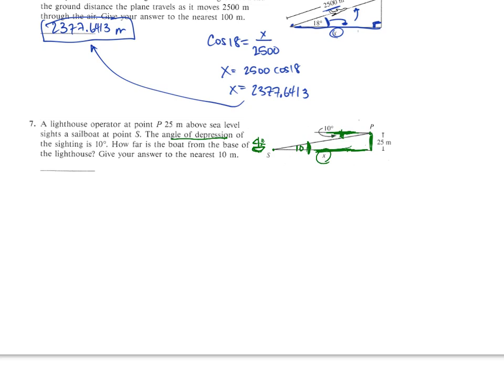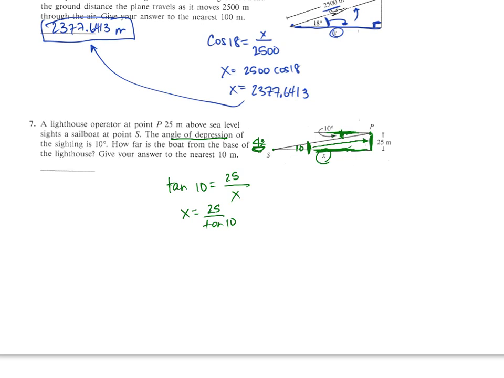So this is 10 degrees, and I need something that relates the opposite to the adjacent. So we're going to go ahead and use the tangent. The tangent of 10 is the opposite, which is 25, over the adjacent x. So x will be 25 divided by the tangent of 10.